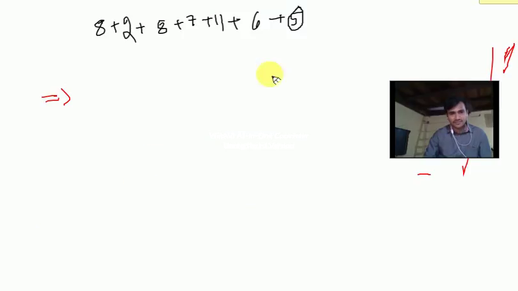Very easily you can score these 2 marks. And for writing integrating factor, you have 1 more mark. So I only take 3 marks from this differential equations. Only 3 marks I am taking.